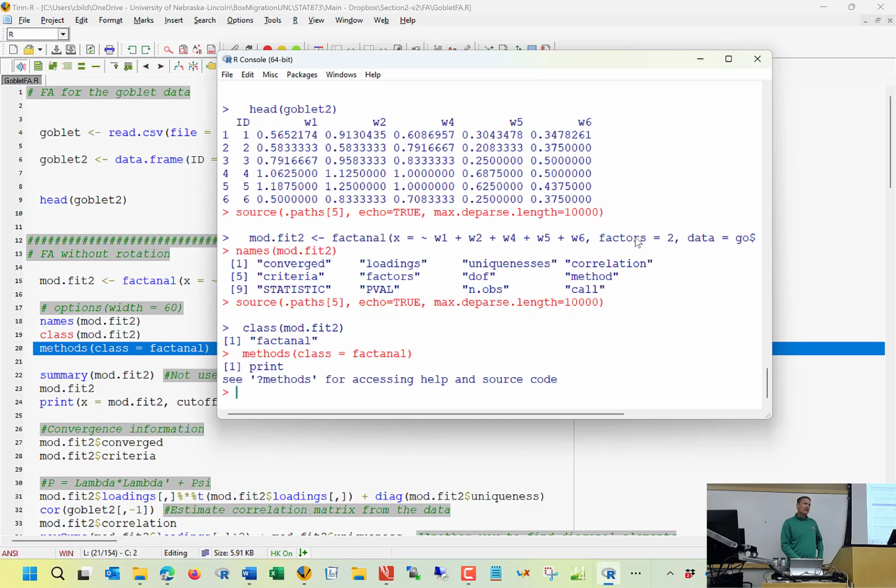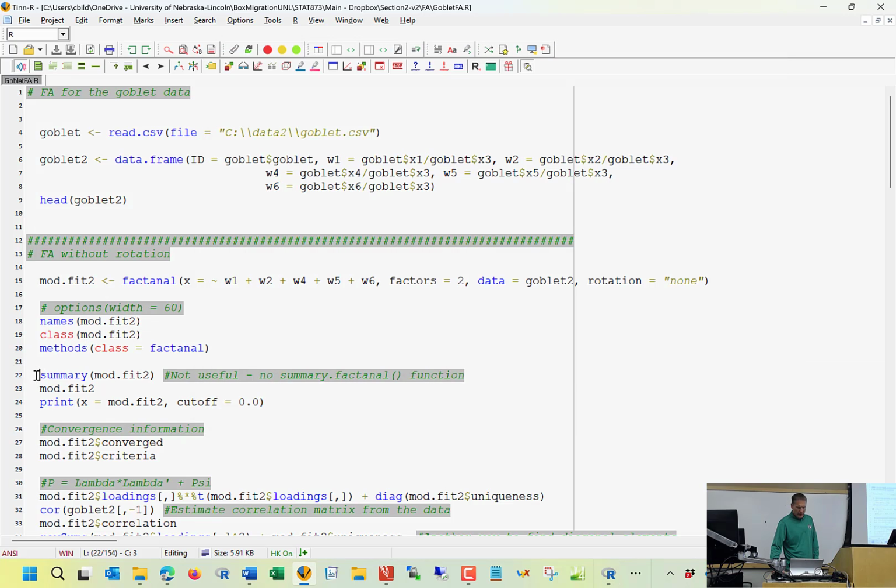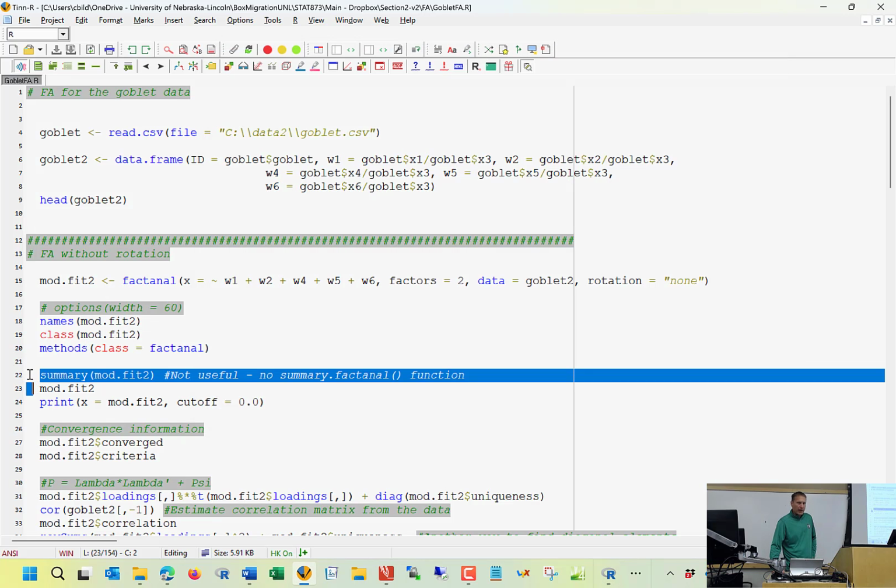I think it's kind of disappointing how the authors decided to structure this. If you remember, with princomp we had a method function for summary, so if I said summary of the results from princomp, I'd get a nice summary of what's going on.